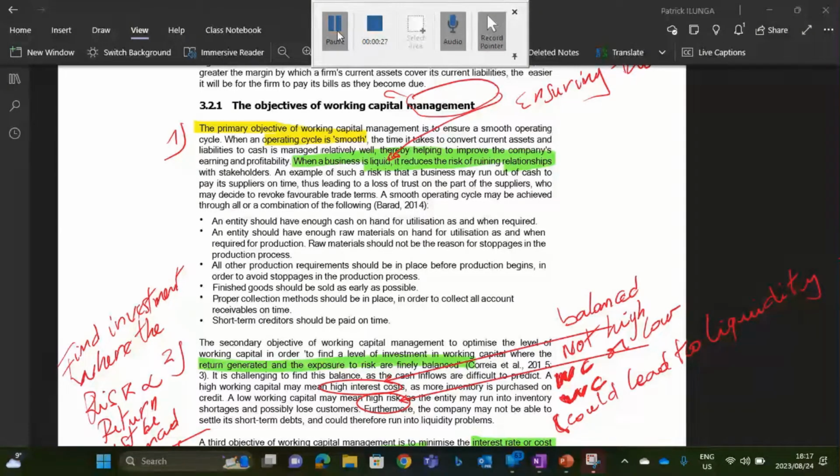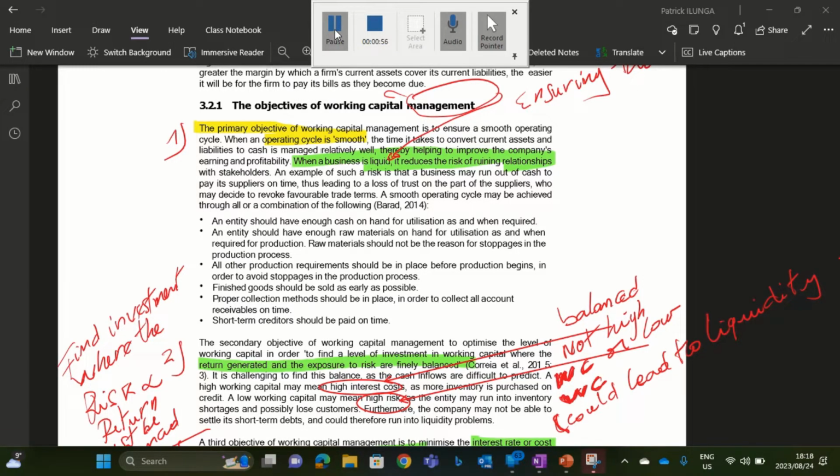I expect all of you anyway to have a read of this, but what this means, in other words, the optimal level of working capital is not too high, because a high working capital means that the business is buying a lot of inventory on credit, which subsequently could bring high interest cost.